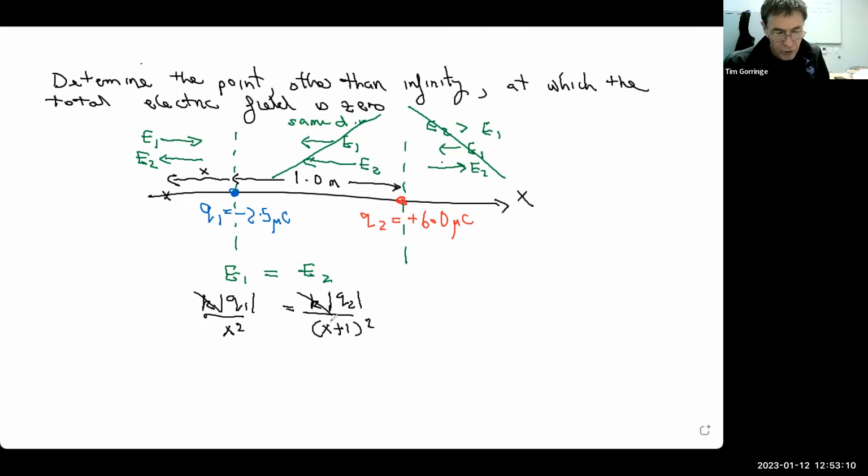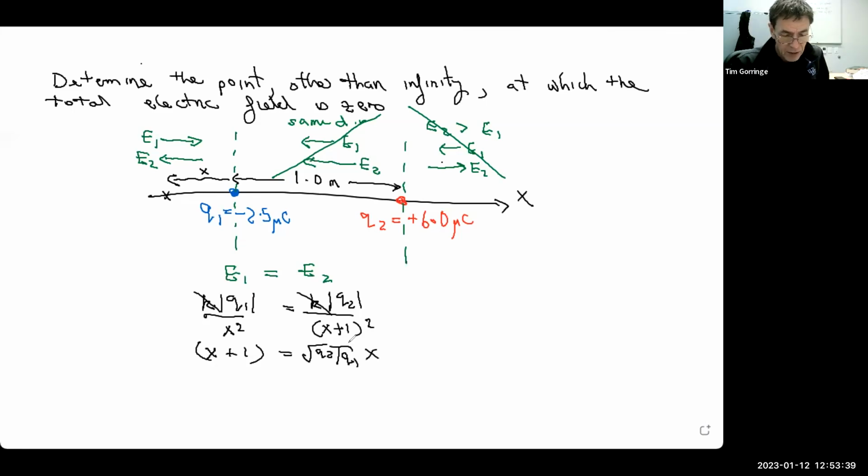And then I took the square root to get rid of the squares, replacing x squared with x, and x plus 1 squared with x plus 1. So let's go ahead and do that. I'll write down the equation that I got.